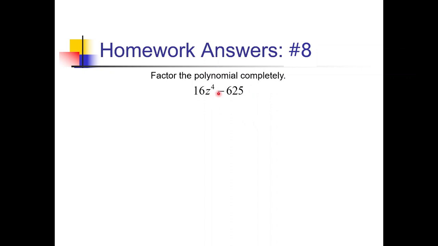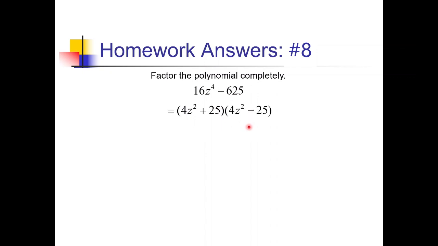So the square root of 16z to the 4th is going to be 4z squared. Square root of 625 is going to be, let me think here, 25. So we are going to have 4z squared plus 25 and 4z squared minus 25.